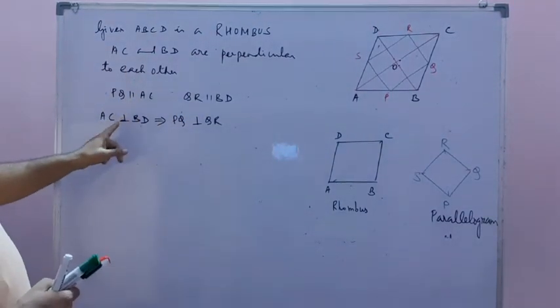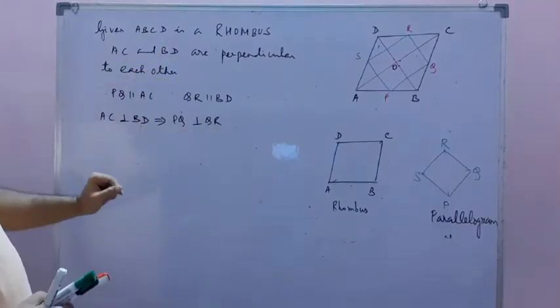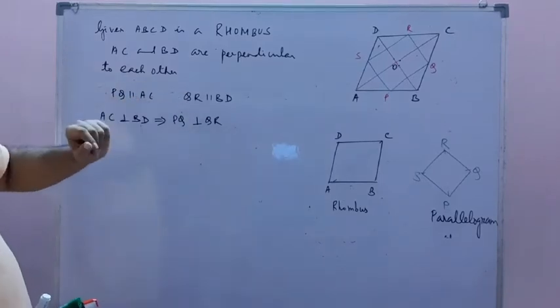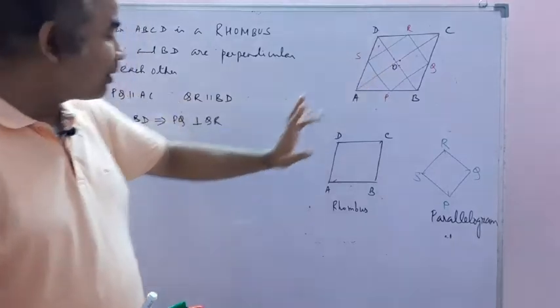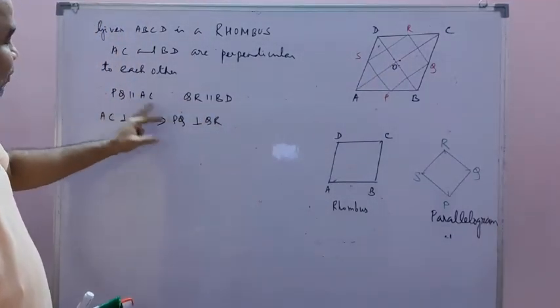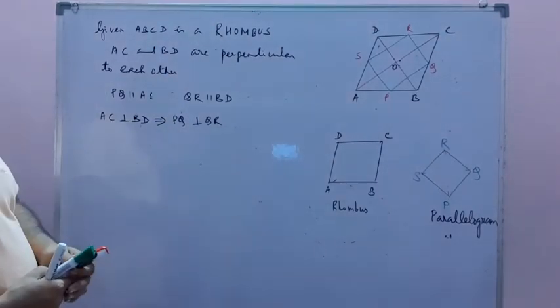AC and BD are perpendicular because they are diagonals of a rhombus. So PQ is parallel to AC and QR is parallel to BD. Why? Because by the midpoint theorem we already discussed that. So if they are perpendicular, then the lines or line segments which are parallel to them are also perpendicular. PQ and QR are perpendicular.